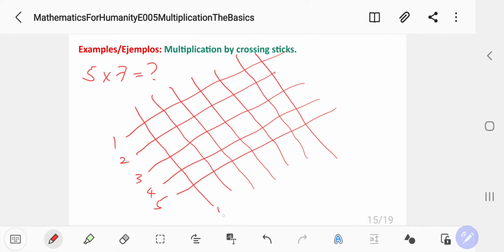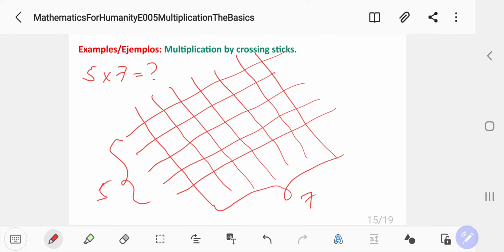We can erase this and just write 7 here, and you can also erase this and just write 5 here.